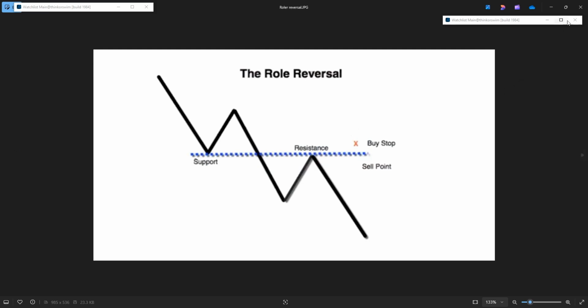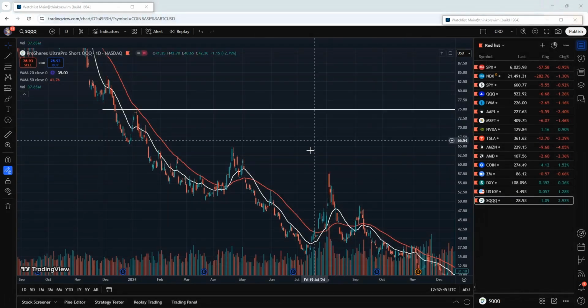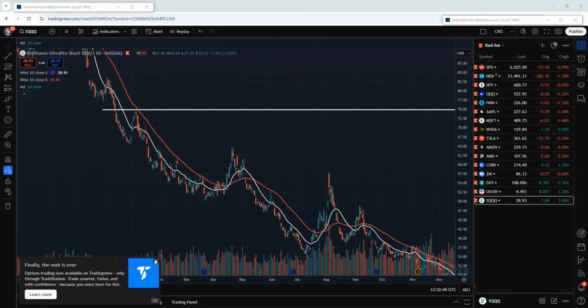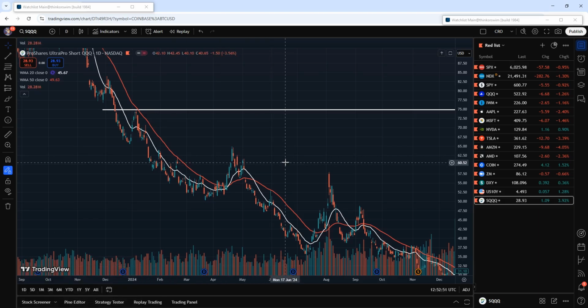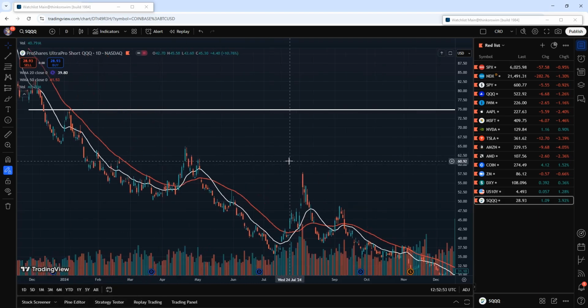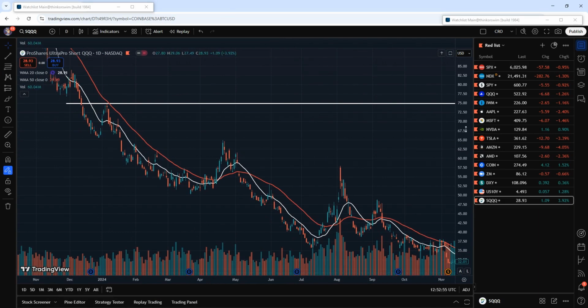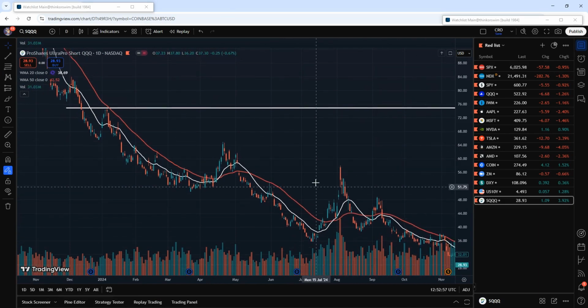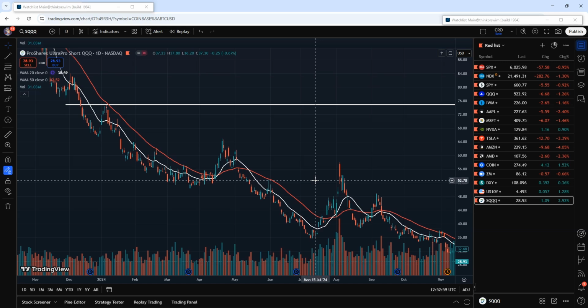Now going to a chart and identifying support resistance levels. This is sometimes not easy for people. This could be one of the hardest things to do in technical analysis. Some people it comes very easily, other people it doesn't.